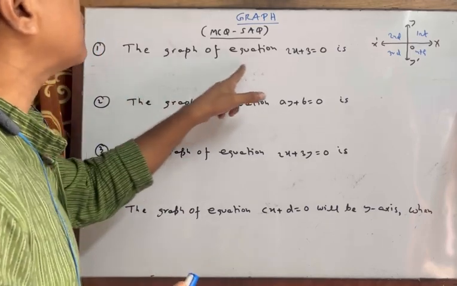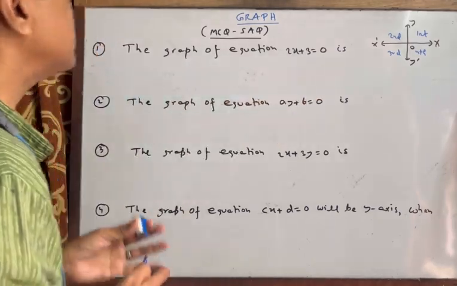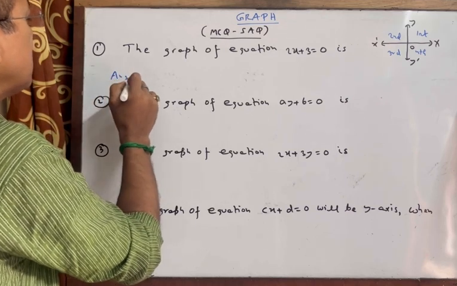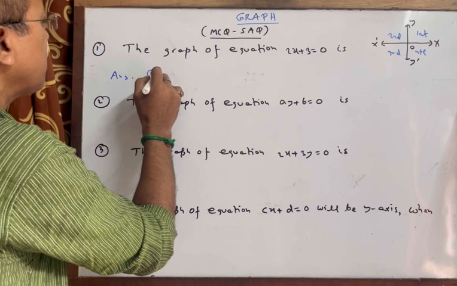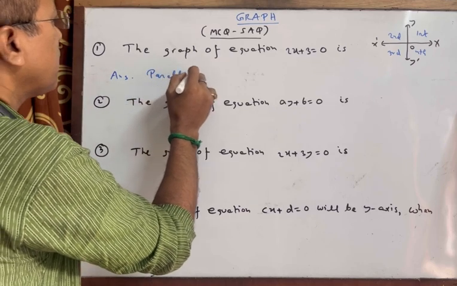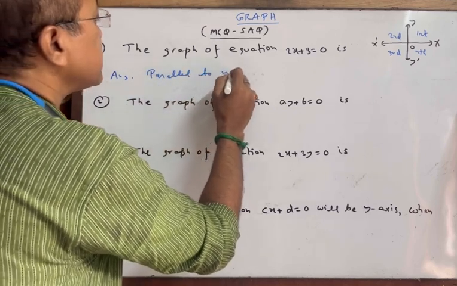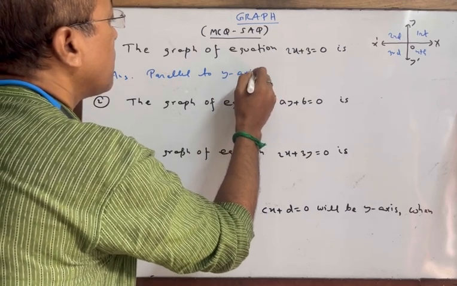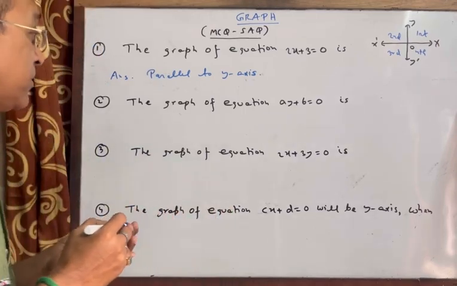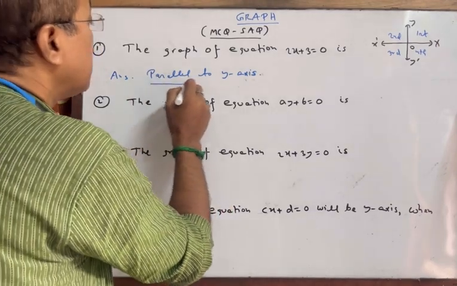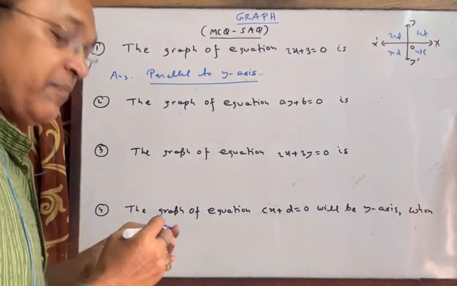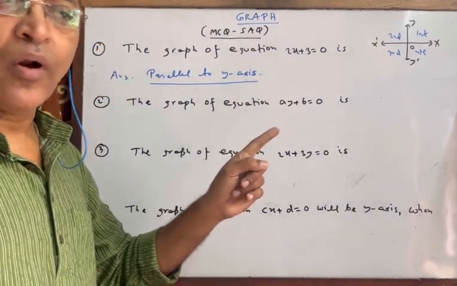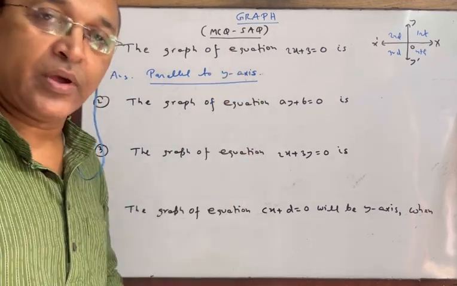So the graph of the equation 2x plus 3 is equal to 0 is parallel to the y-axis. Okay, so this one will be the answer, since this particular equation contains only one variable x, that is why.